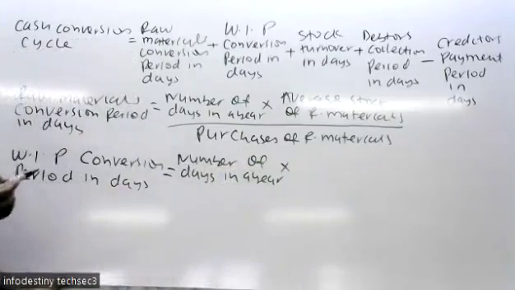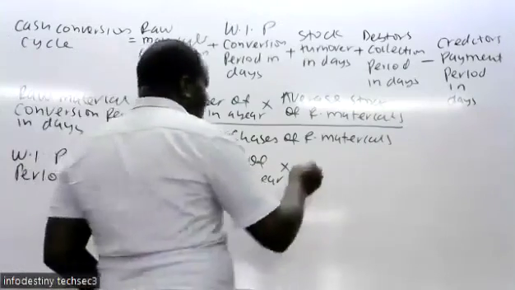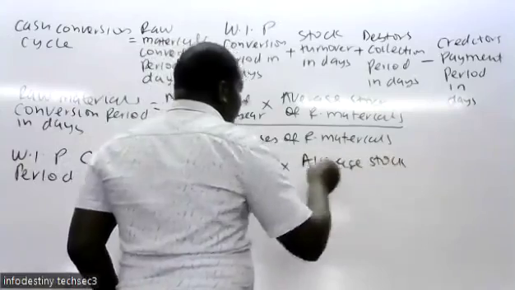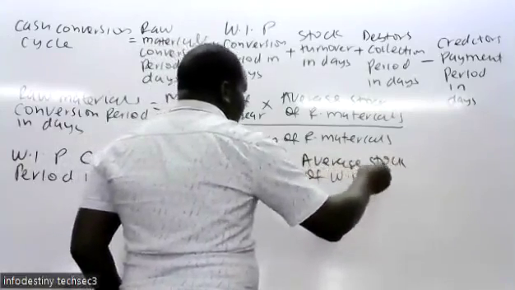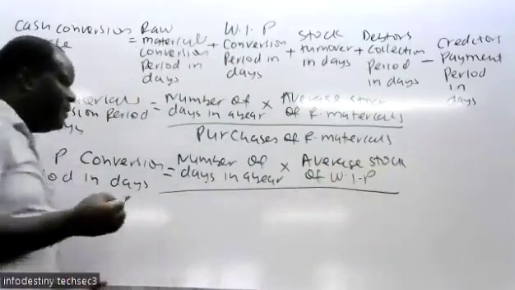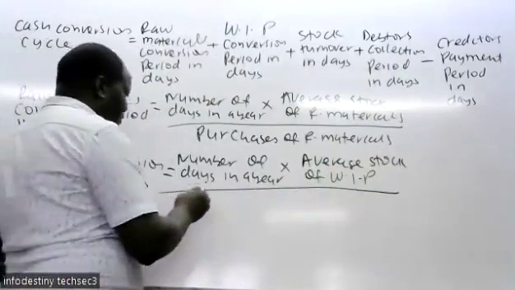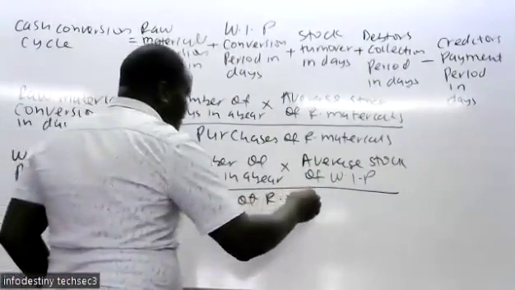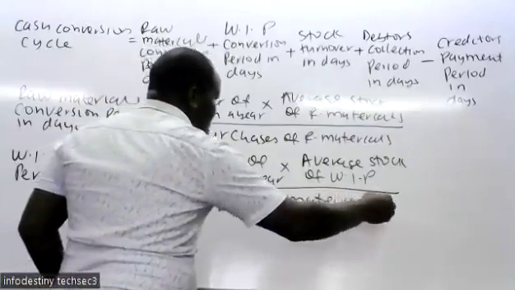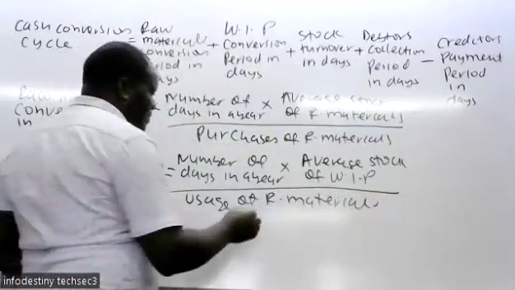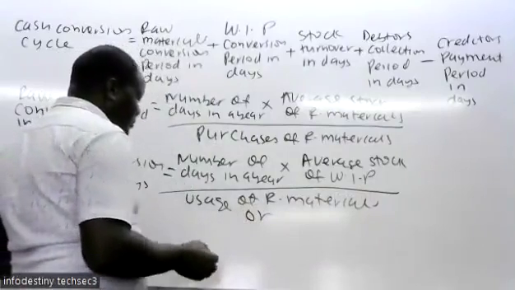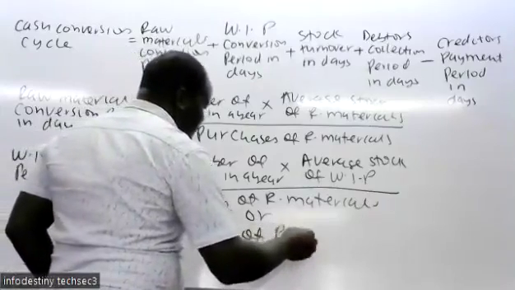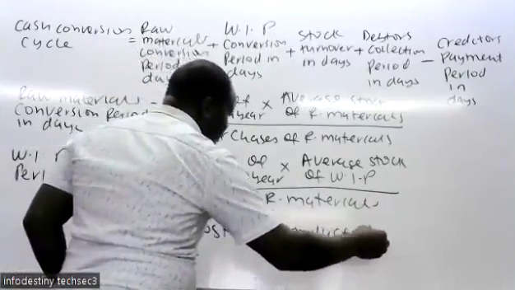We multiply by average stock of the work in progress. Then we divide by usage of the raw materials, or production costs, or simply the cost of production.